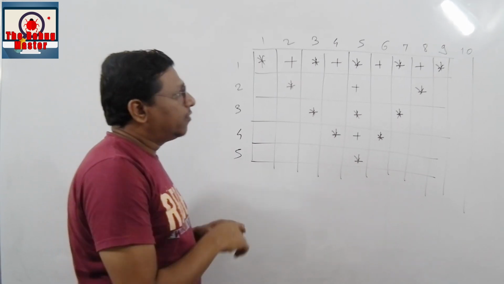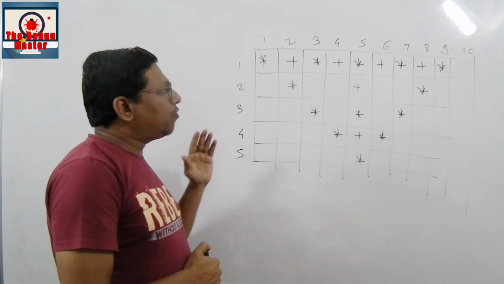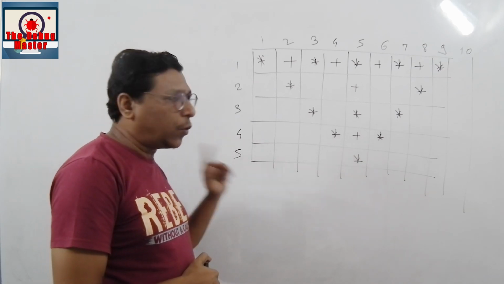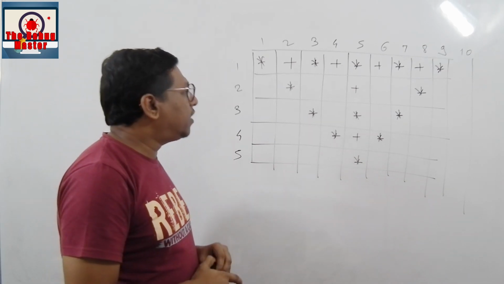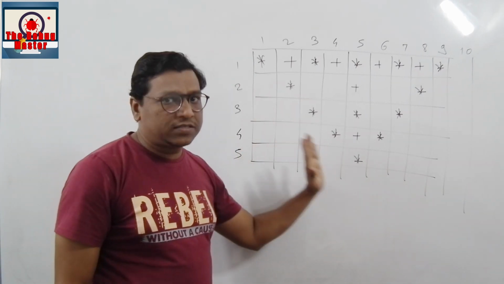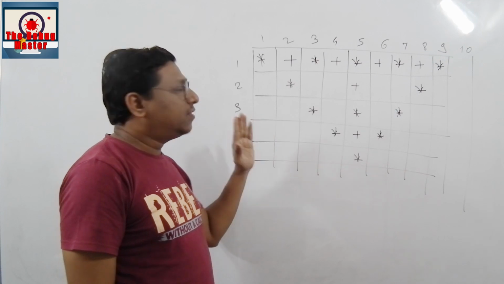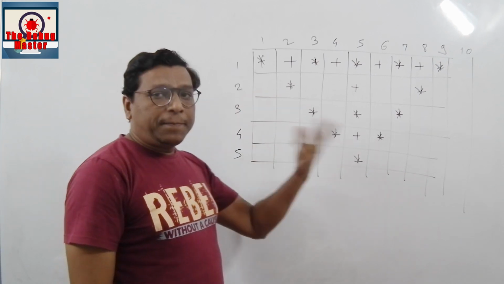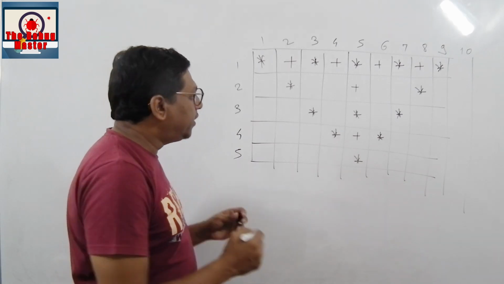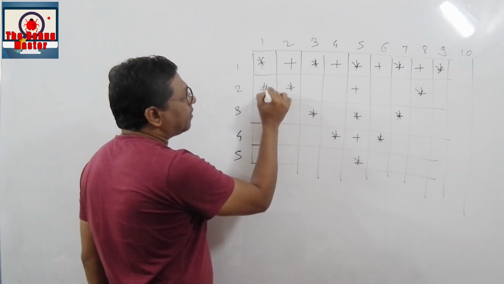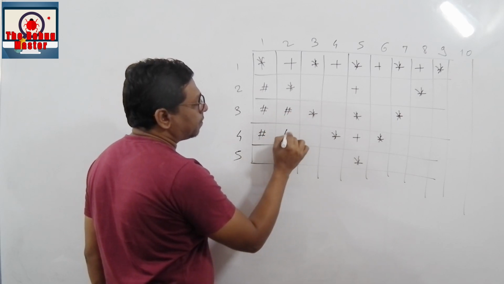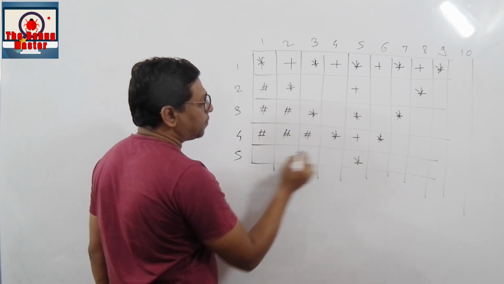What is the relation between the number of rows and columns? The columns are twice that of rows. Friends, as we have already discussed, if there is a blank space before any star, then we replace that particular space with a different symbol. Here we shall consider it hash. So we are replacing a blank space with hash.